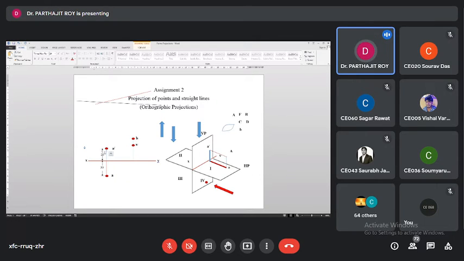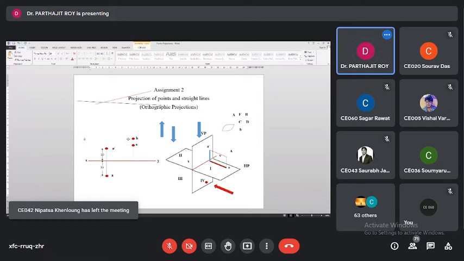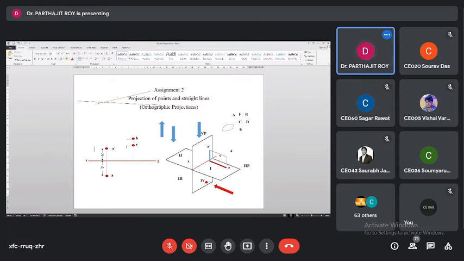So this distance will be 25 millimeter from the XY line, isn't it? And which distance will be 30 millimeter? This one. Yes or no? Yes, sir. Okay.